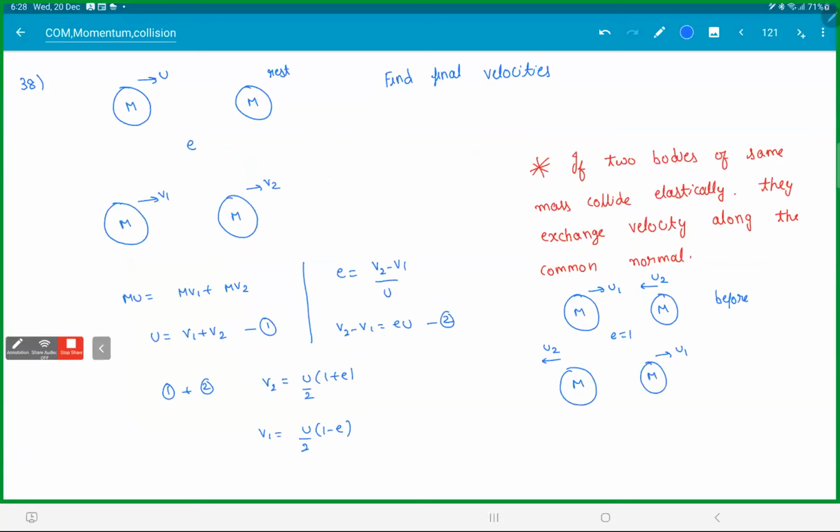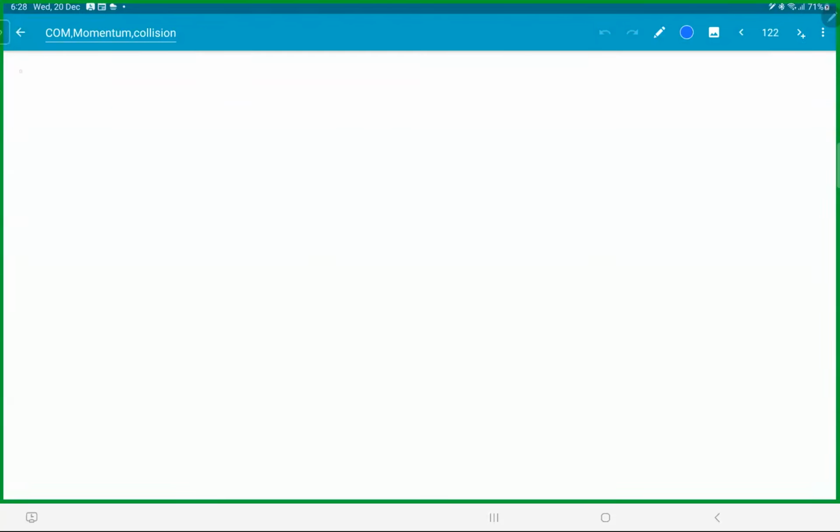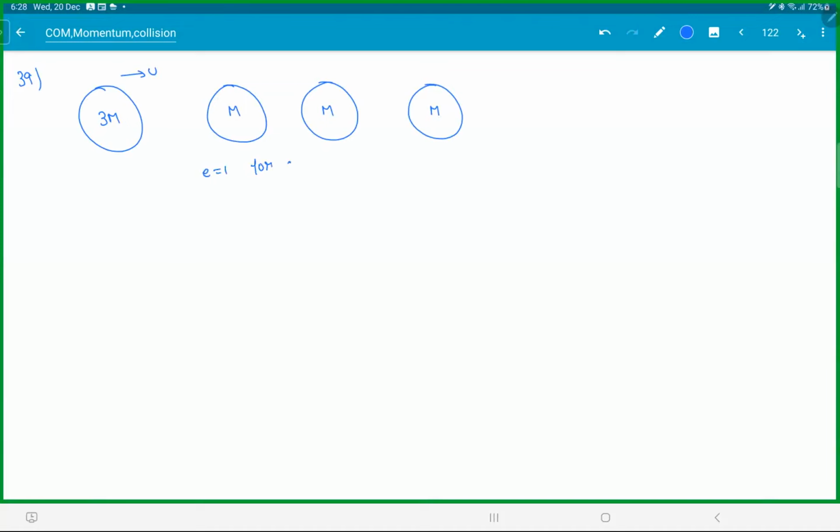Let's see a question on this. Masses m, m, m, and m. This is going with speed u. e is equal to 1 for all collisions. Find the final velocities.